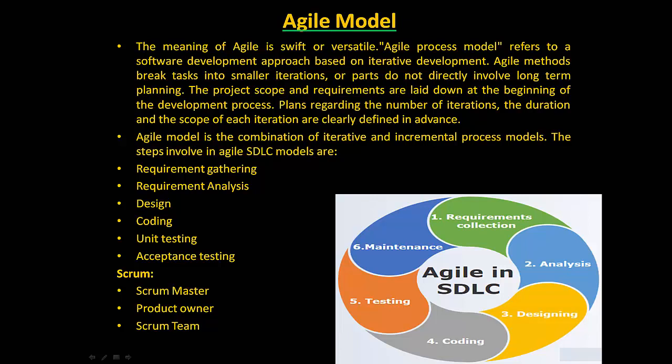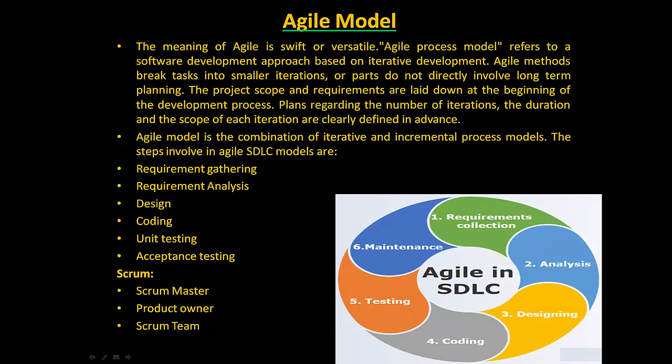The project scope and requirements are laid down at the beginning of the development process. Plans regarding the number of iterations, the duration and scope of each iteration are clearly defined in advance. So how many iterations there are and how long the project will take are all clearly defined. The Agile model is a combination of iterative and incremental process models.